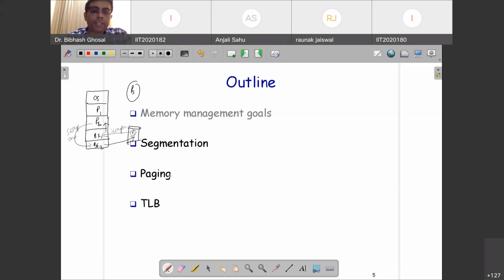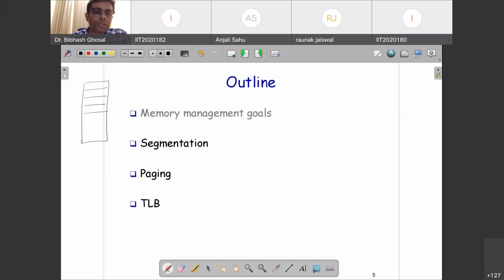So this gave us an idea called multi-programming with fixed partition. So you have the fixed partition. And the idea that came up is that if you have a memory and you want to hold many processes in that, you divide this into a number of blocks, and the more blocks you divide it into, the better.